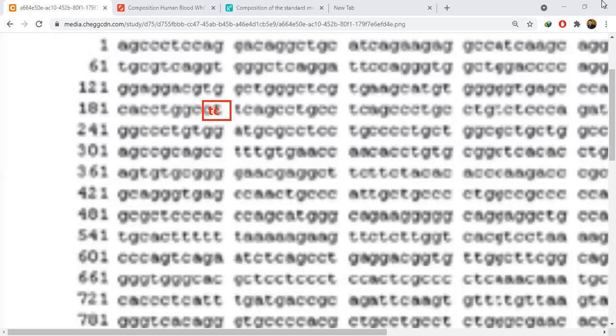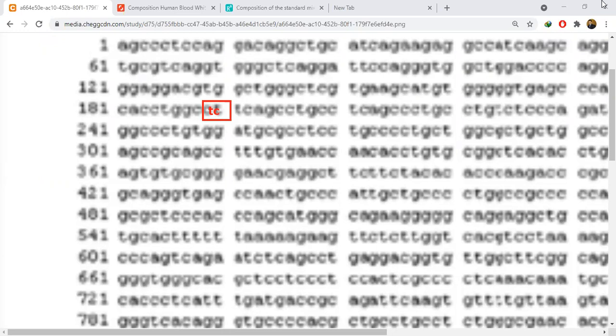So father gave us a particular nitrogen base order. That order is very important to decide the character.